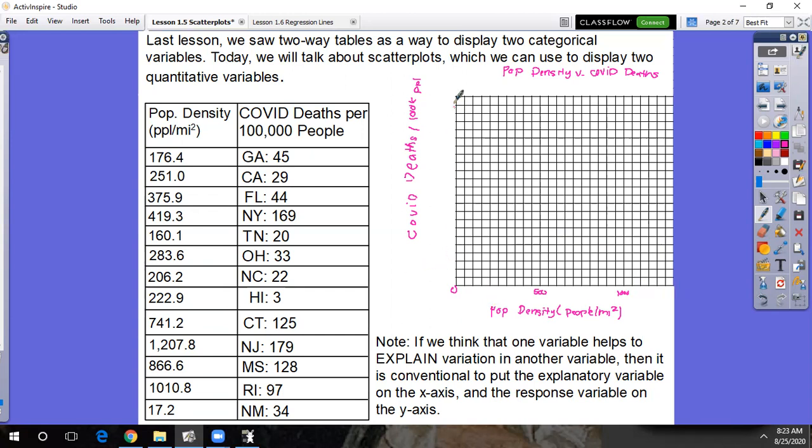Now we want to look at our y-axis. I want to find my maximum value for COVID deaths per 100,000 people. When I look over here, it looks like it is 179. So again, I want to count. I've got 1, 2, 3, 4, 5, 6, 7, 8, 9, 10, 11, 12, 13, 14, 15, 16, 17, 18, 19, 20, 21, 22, 23. So 23, so I'm just going to make each one 10.